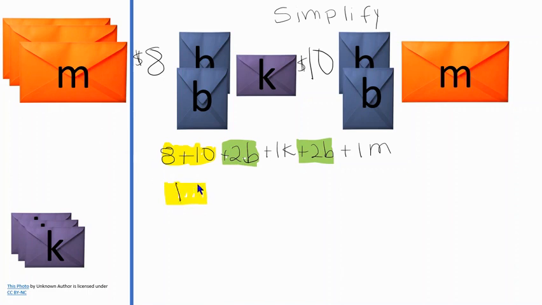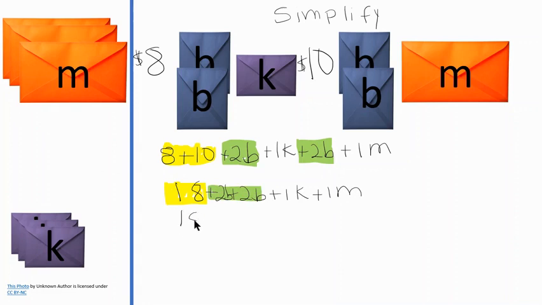I have $18 here. I am going to rewrite this problem. I'm going to bring 18 plus 2b plus 2b plus 1k plus 1m. These two are like terms, so I can solve that part too.